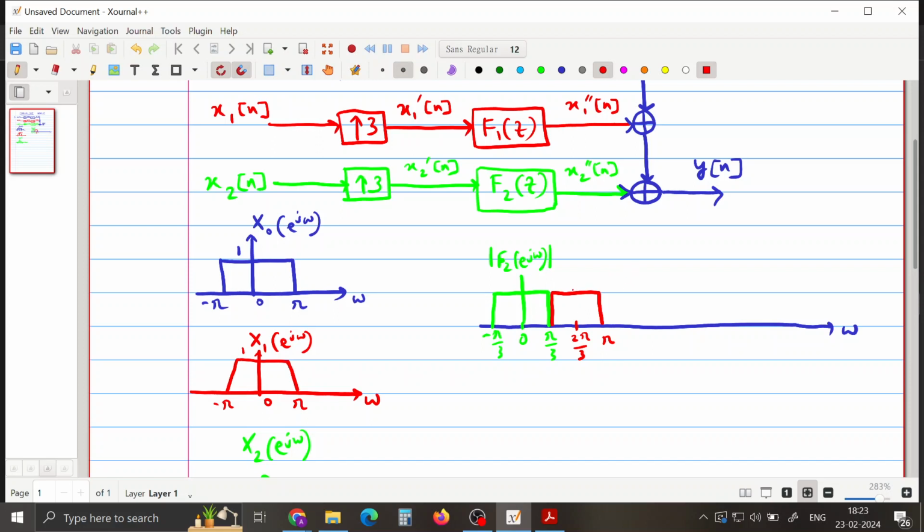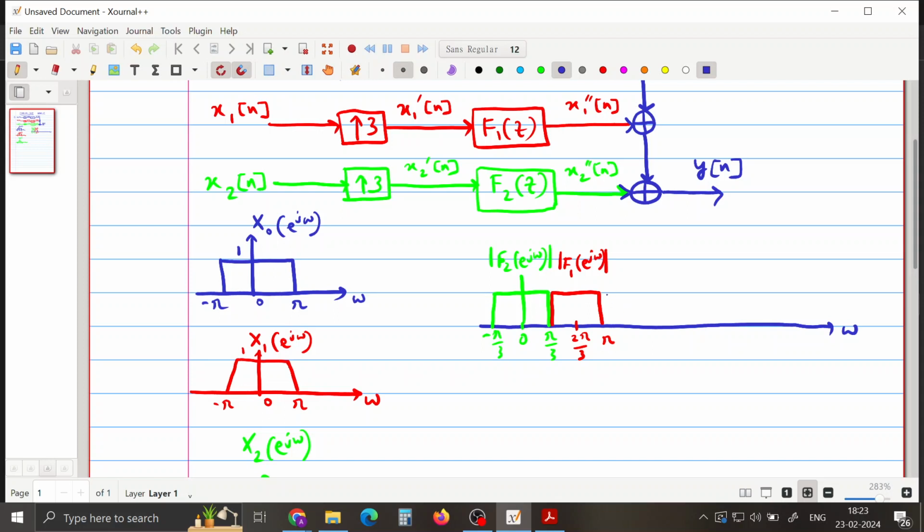Okay, and this is the second spectrum, mod of f1 of e power j omega. And I hope you are following, so that whenever I make a mistake you should be able to point it out.